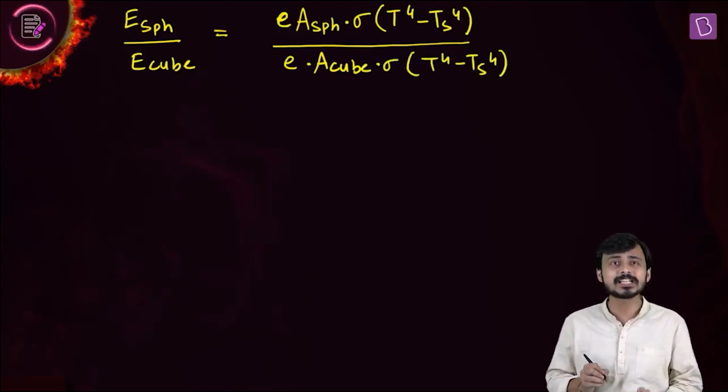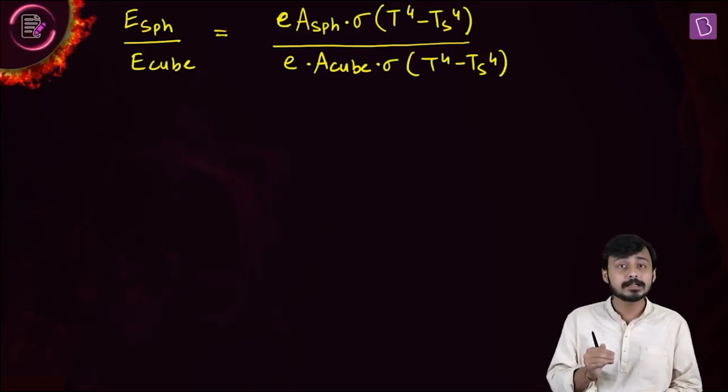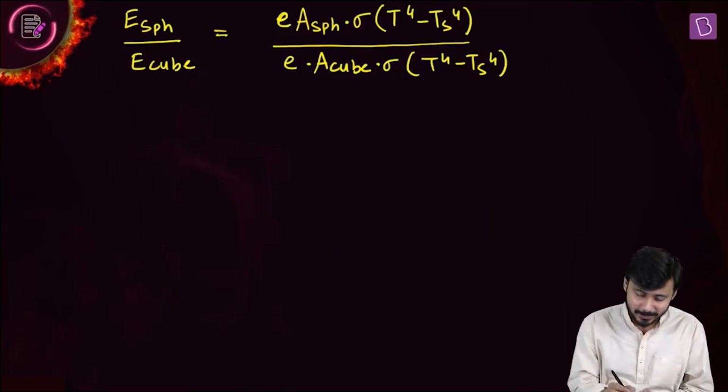If you simply look at the expression, everything gets cancelled from up and down. Only the exposed surface area of both the bodies remains.